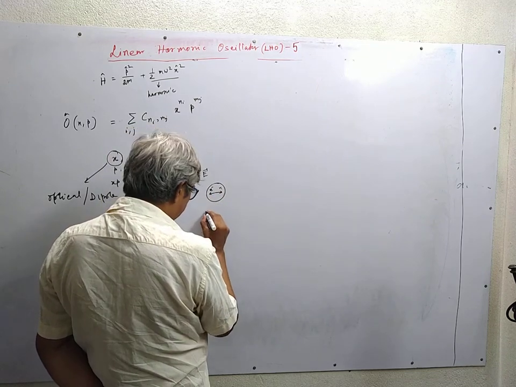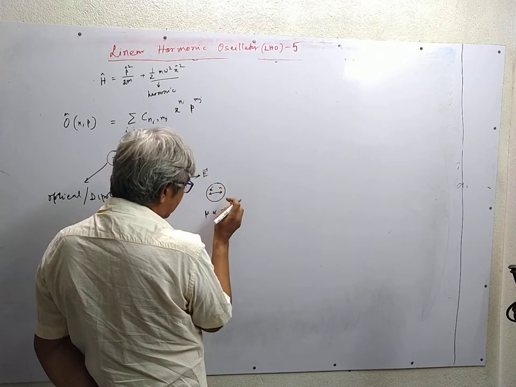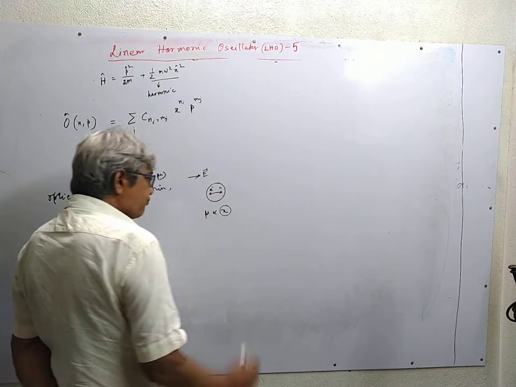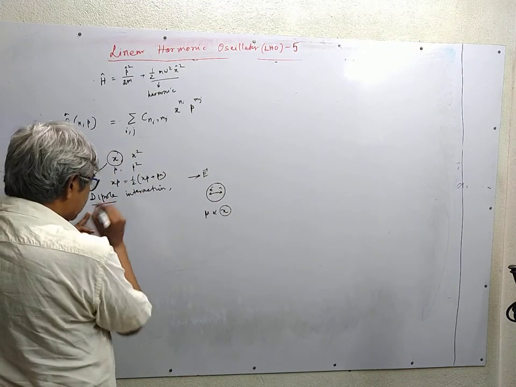This dipole moment is proportional to the separation. If we measure the distance from the nucleus, it is proportional to x. That is called dipole transition.